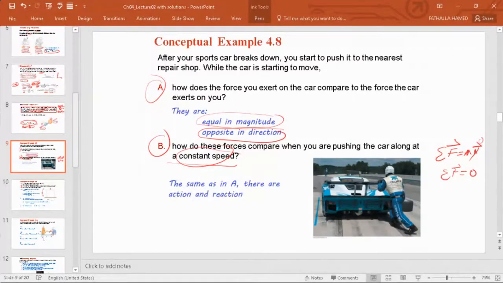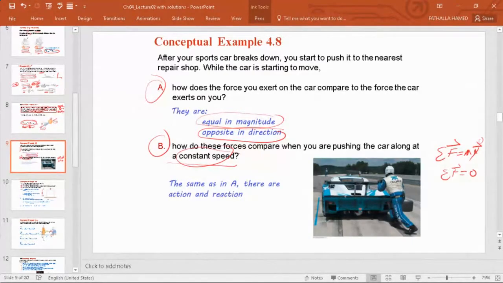And you will say, well, the net force should equal zero, so why should the car be moving, or why should I have a force on the driver? It's still the same situation that you're dealing with.